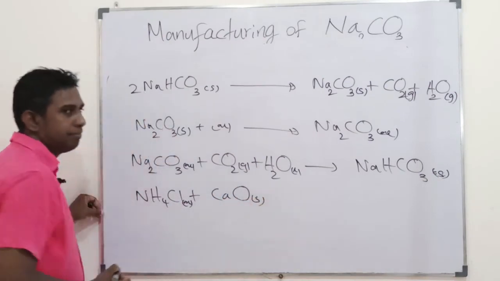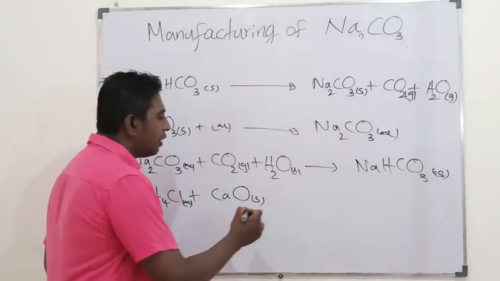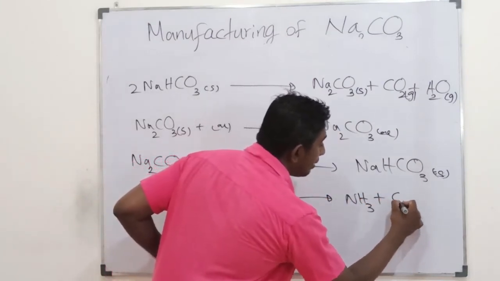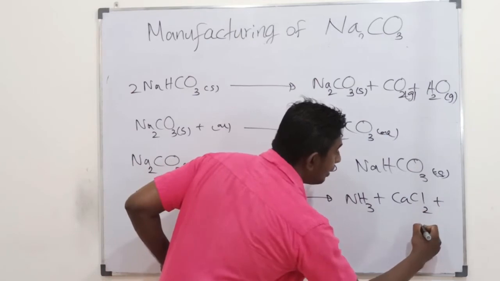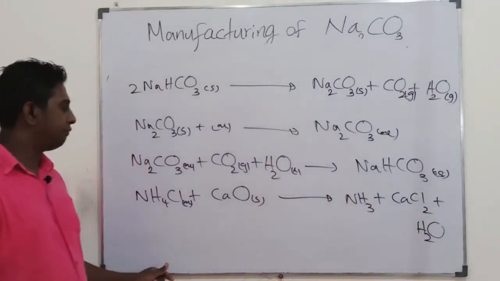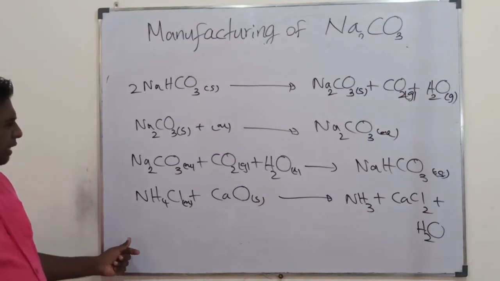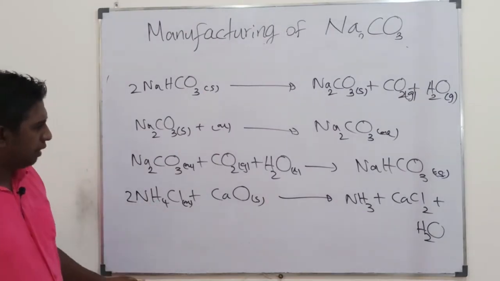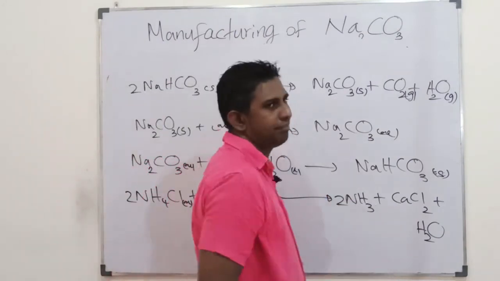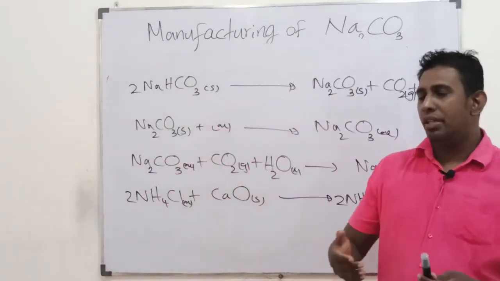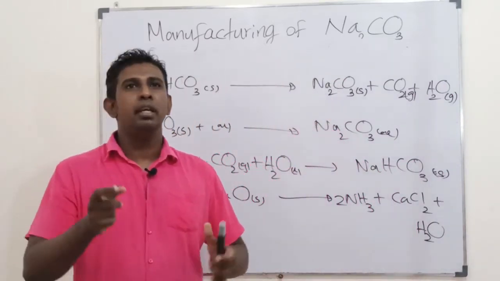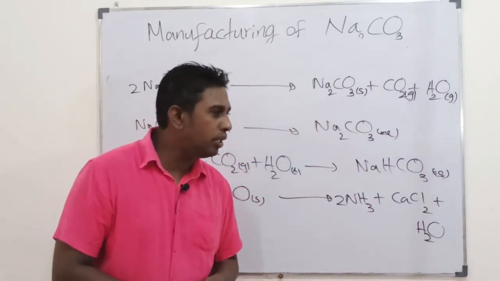Students, you are going to have ammonia gas and calcium chloride and water, and it is then balanced with 2 here. Students, all the ammonia that you have used, theoretically you could recover.